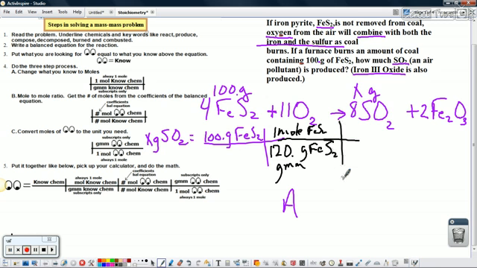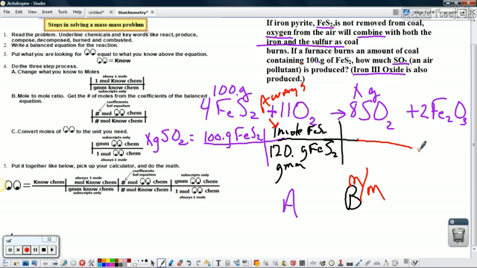Okay? Now my B step is the mole-to-mole ratio. Remember, this is always a 1 up there on top. Where do I get my mole-to-mole ratio? I look at the coefficients.